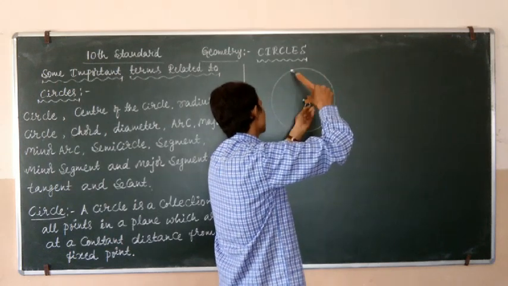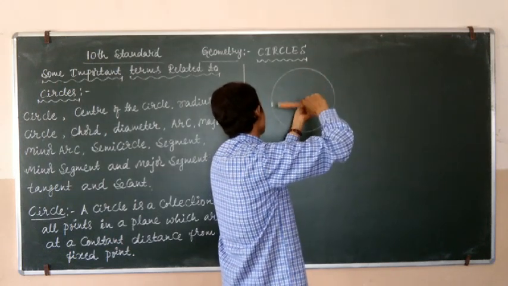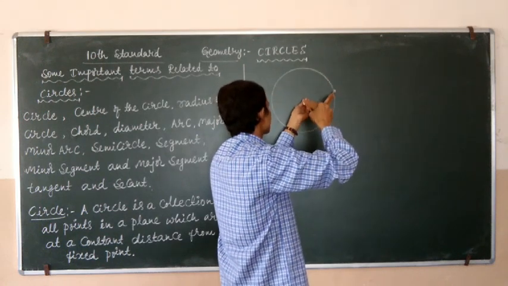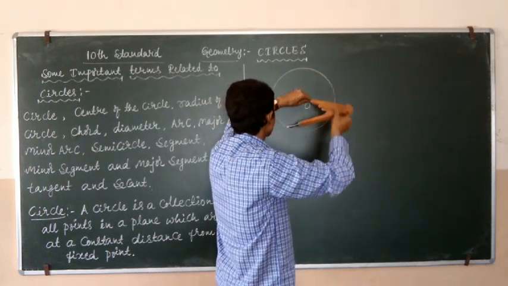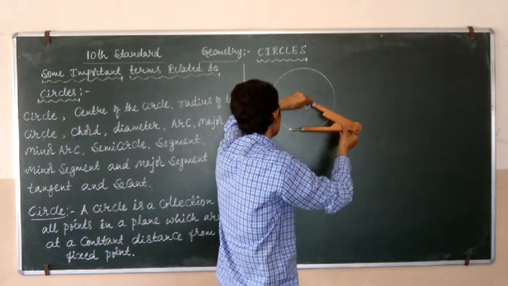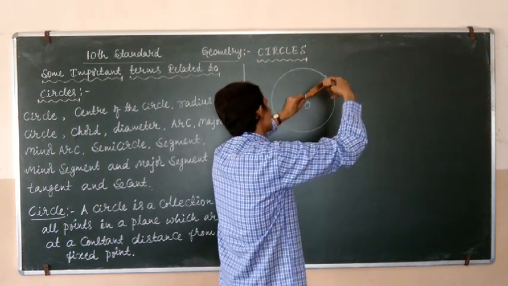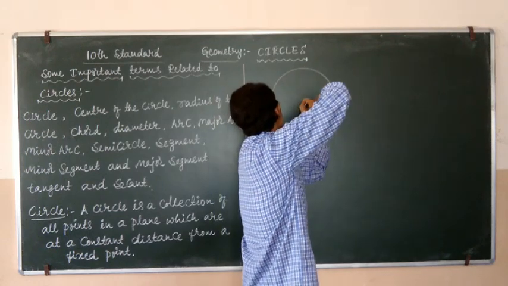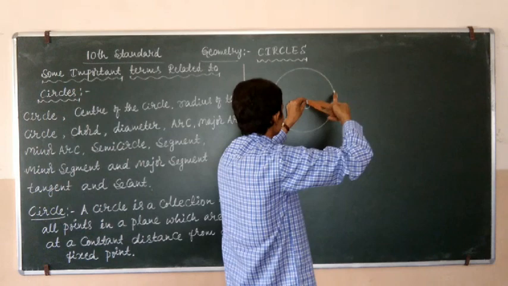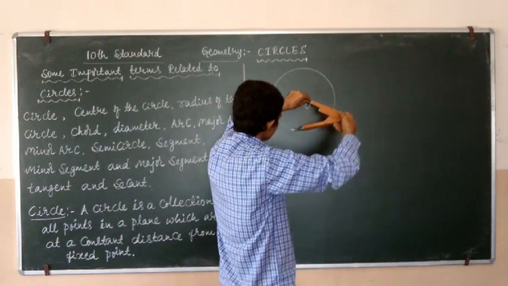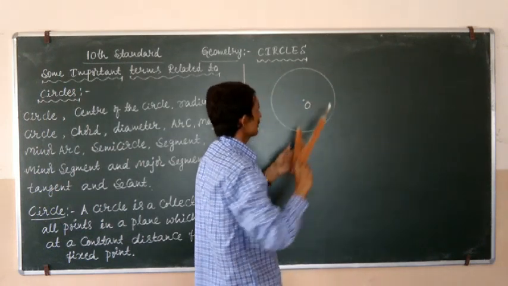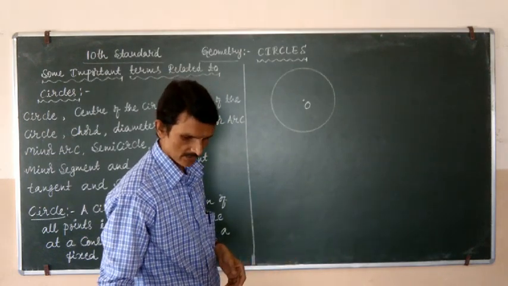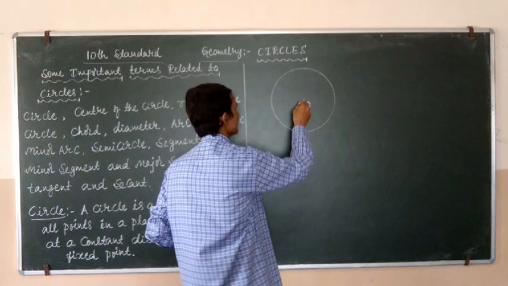So observe here, students. O is a fixed point, and the curve which is drawn is the path of the point.